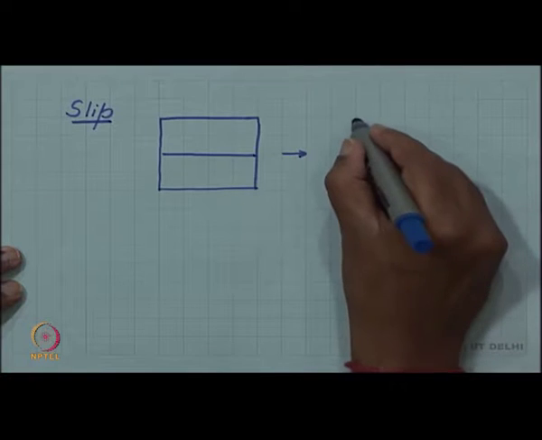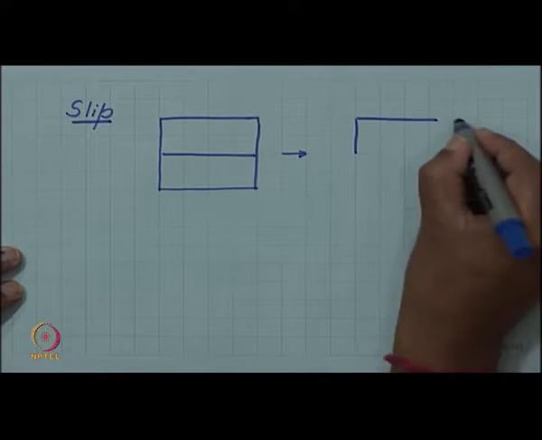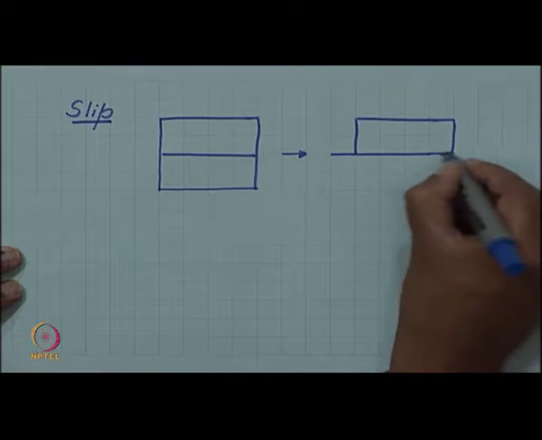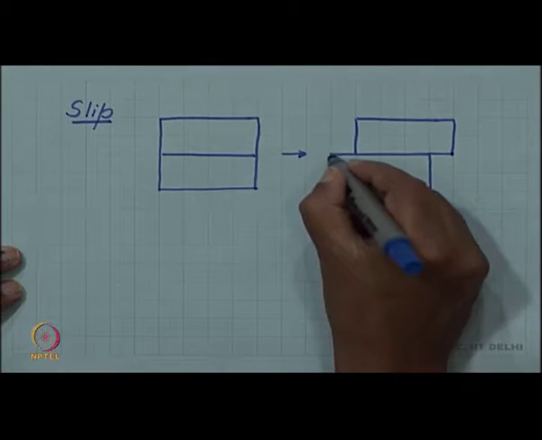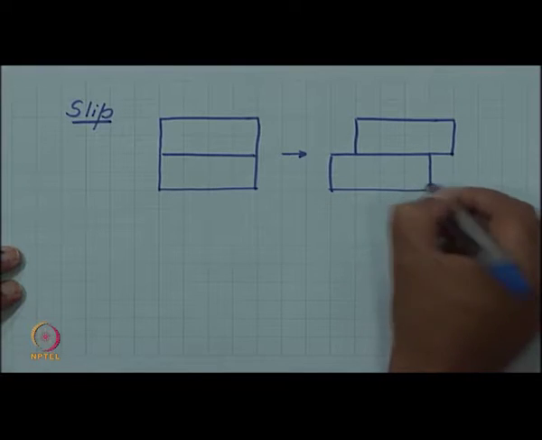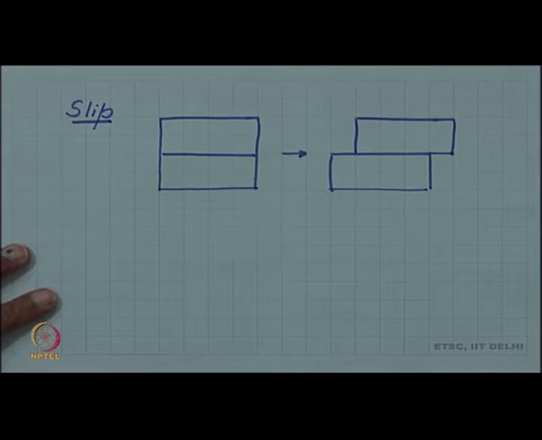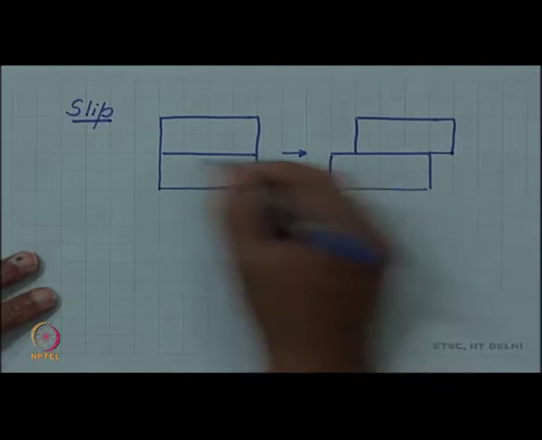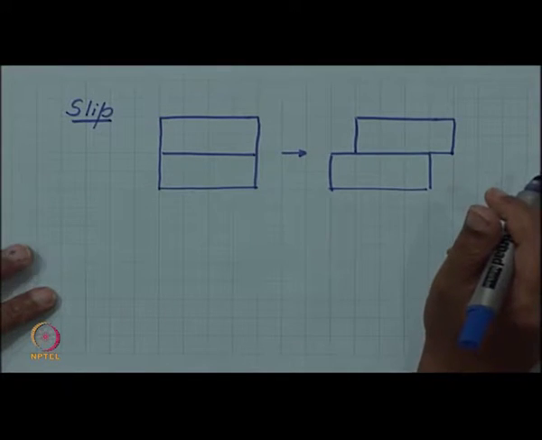So, we have seen this model of plastic deformation, that one half of the crystal slides over the other half on a slip plane in the slip direction.